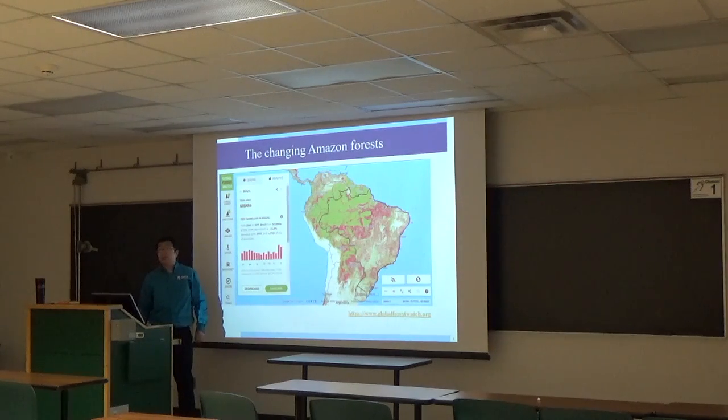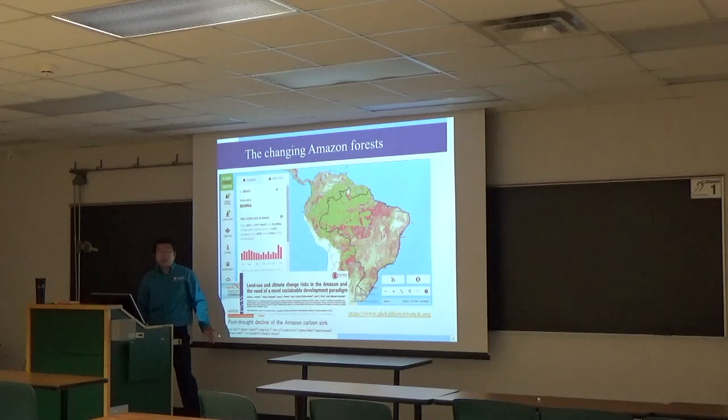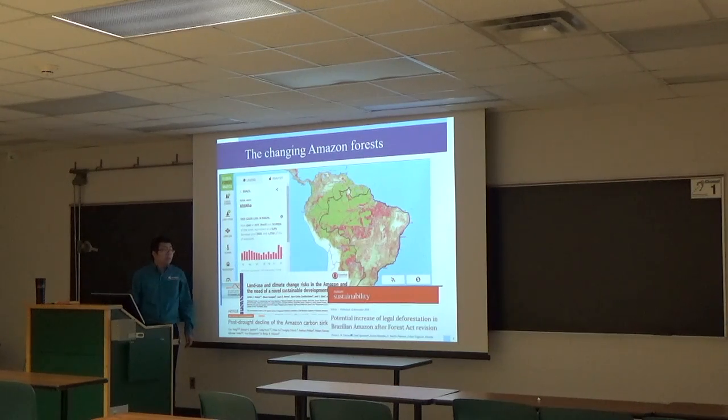There are a couple of reasons for this loss. It can be extreme weather, it can be the effect of climate, and it can also be land use change, where they convert the forest to some other land cover, like agriculture. It can also be the effect of policies. When policymakers change their policy, they may increase the forest loss of the Amazon forest.